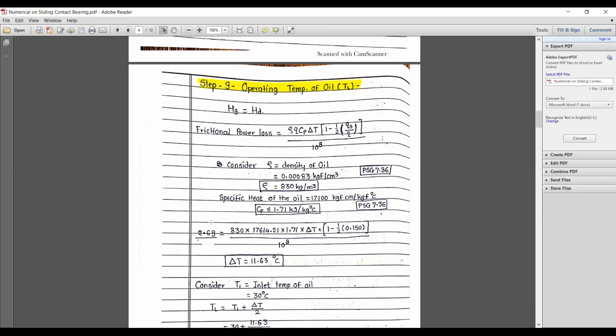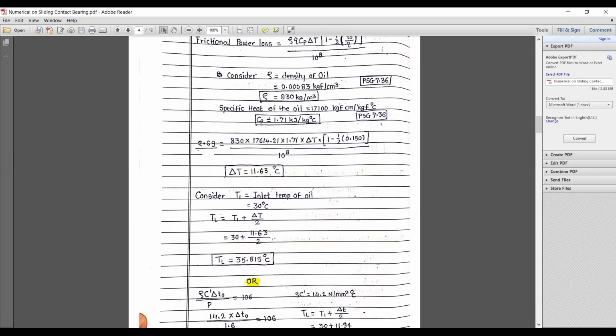Putting all the values, the temperature change delta T is equal to 11.63 degrees centigrade.